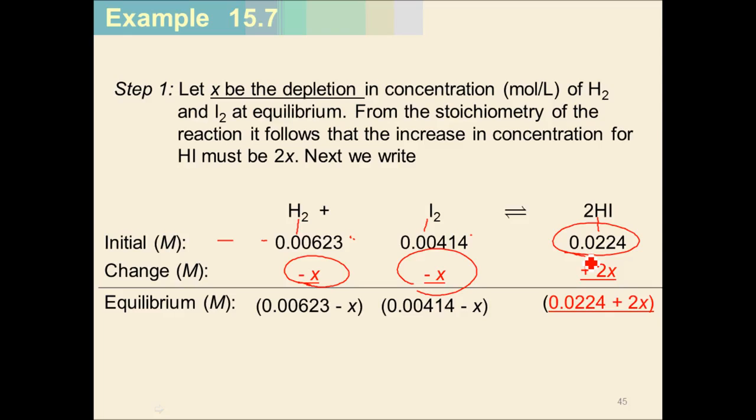From the stoichiometry again, it's going to be minus X for our reactants and plus 2X for our product. Now, add these two lines together. 0.00623 minus X, 0.00414 minus X, and 0.0224 plus 2X would be our equilibrium concentration of that product.